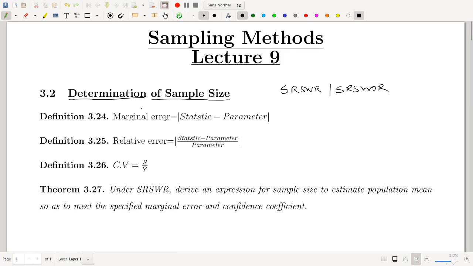First definition is the definition of marginal error. Marginal error is actually the modulus of statistic minus parameter. Statistic means a function of sample observations, so this is obtained from the sample, and parameter is a population characteristic.